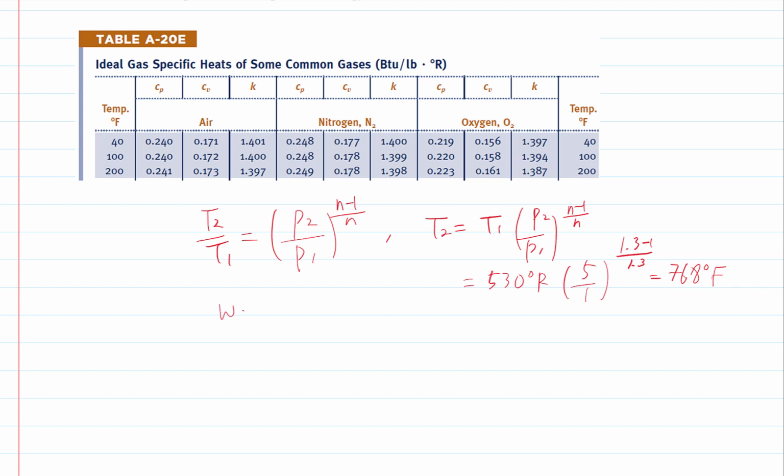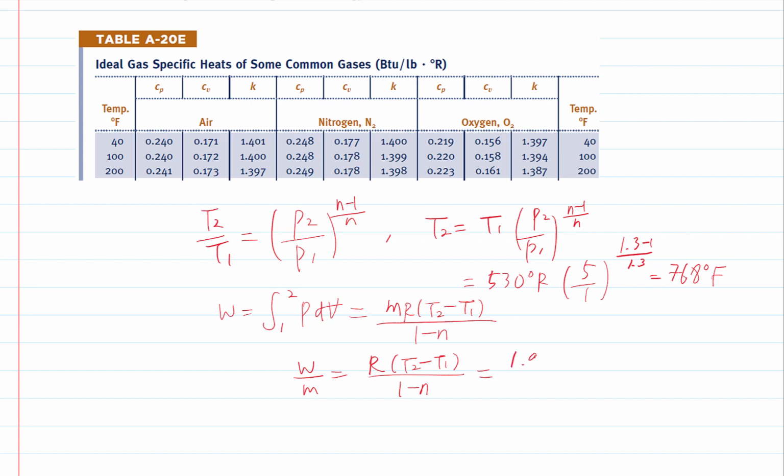And the work during the process. So we plug in the values. Universal gas constant for air, divided by the molecular weight of air.